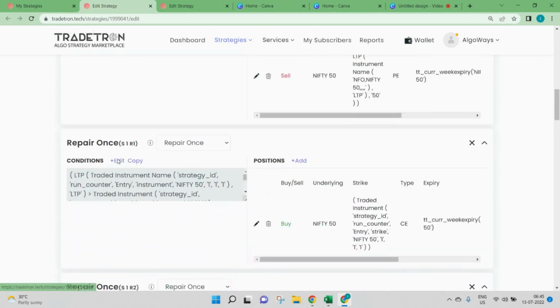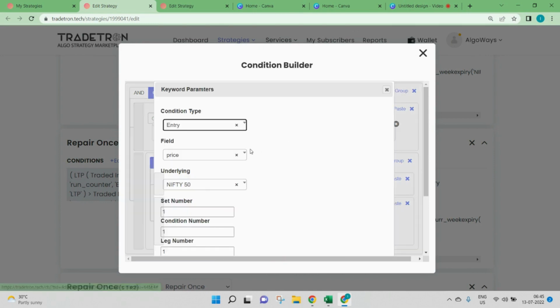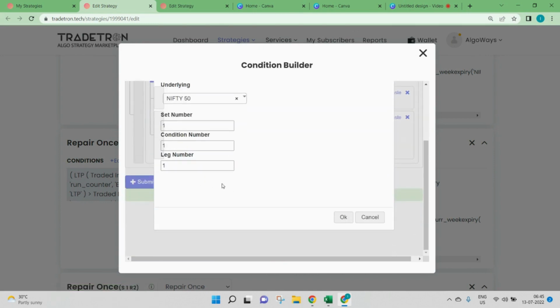So what we are doing here, we are taking the call option current LTP is greater than traded instrument entry price Nifty 111. That means the traded instrument will give you the entered price at the time of entry for that particular instrument.